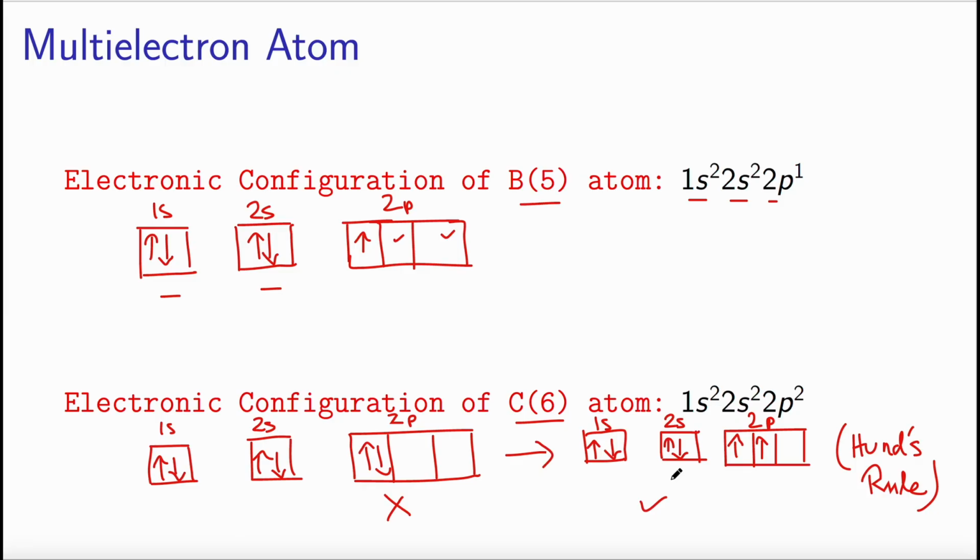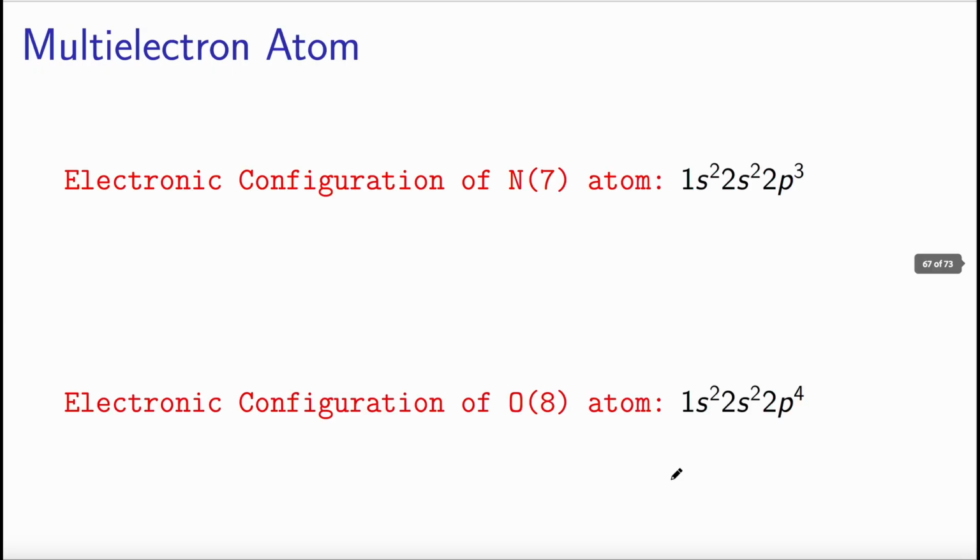Got it? So the next one is nitrogen, and for nitrogen also it is the same thing. So we draw first the 1s, then we draw 2s, and then we draw 2p.